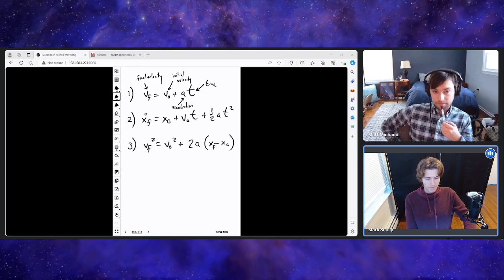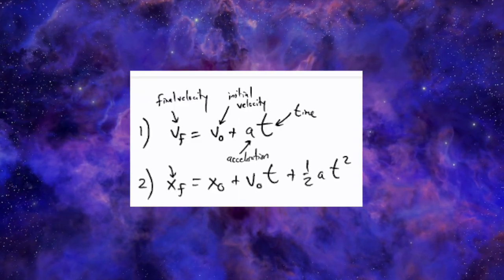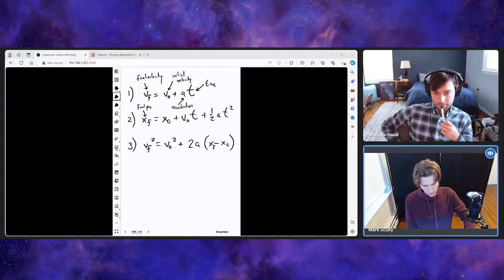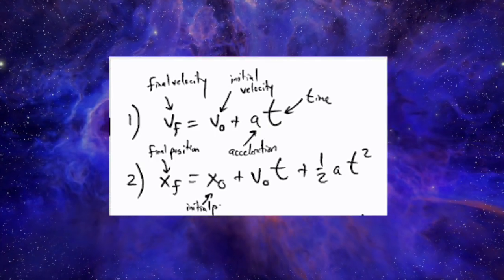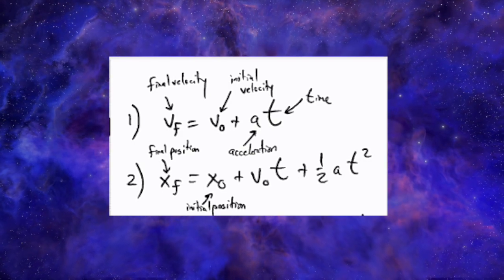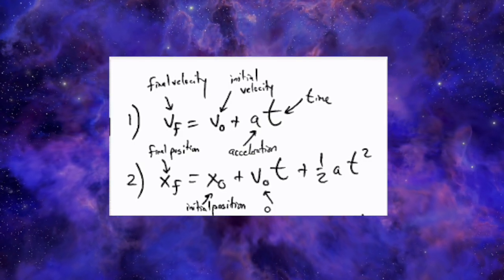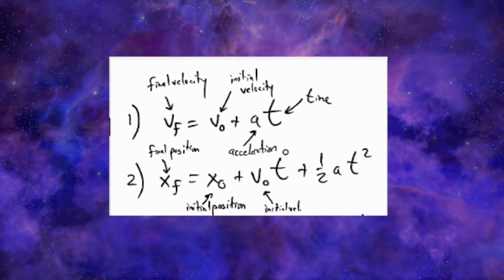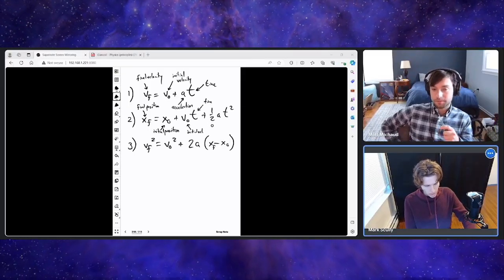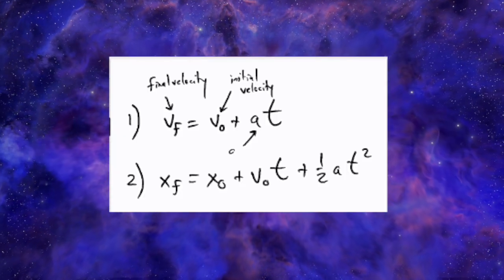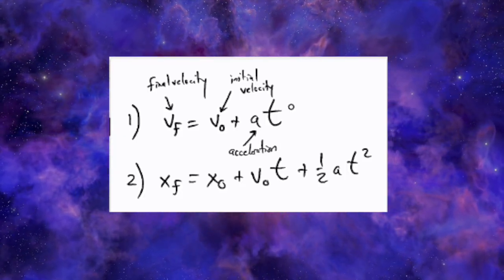What is XF? That's final position. Perfect. What is X naught? That is initial position. What is V naught? That is initial velocity. Perfect. What is T? That would be time. Right. And A is acceleration, and T, time.